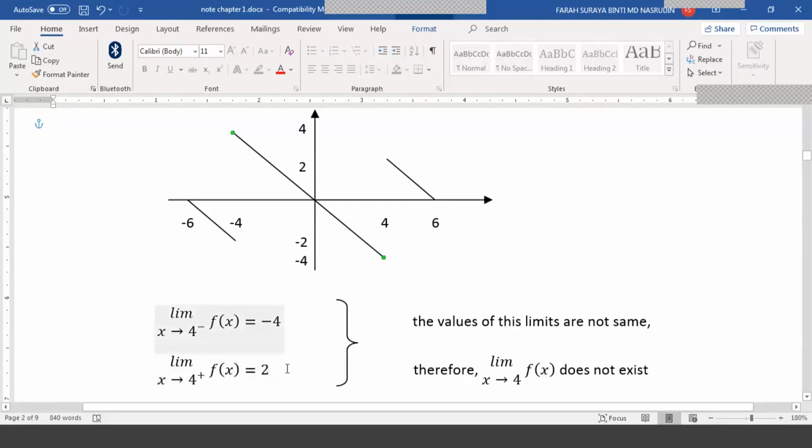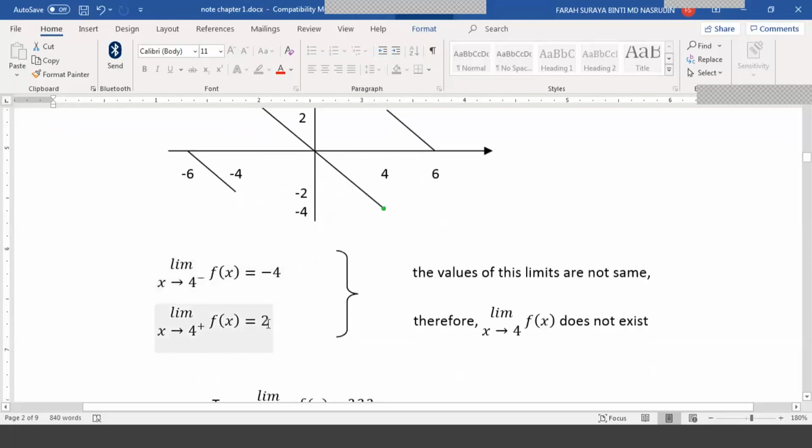So dekat sini right limit dia adalah 2. So since left limit and right limit are not same, so we can conclude that limit x approaches 4 does not exist. Okay, not exist. Tak ada jawapan lah.